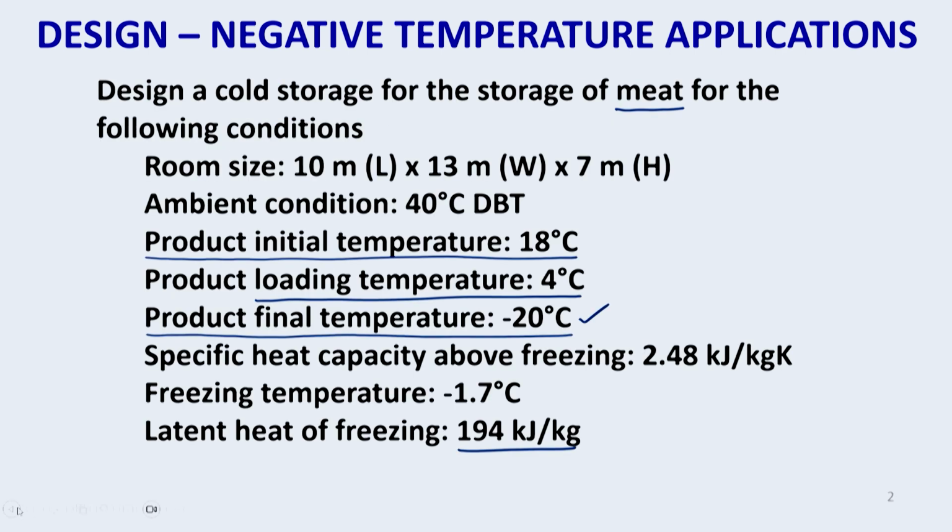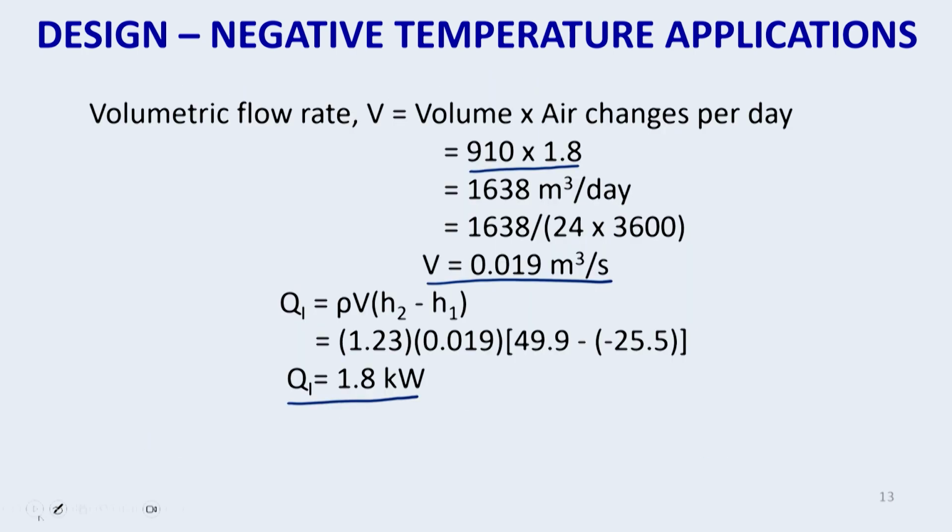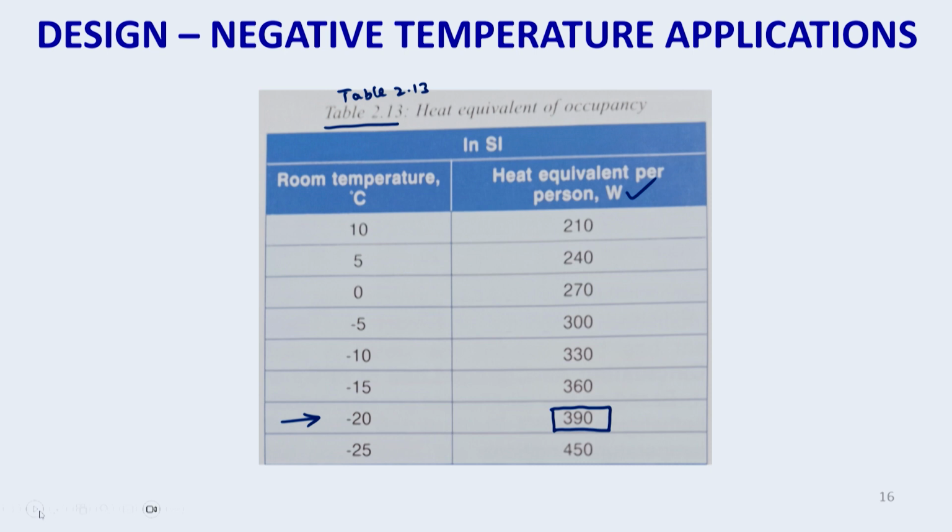If you look at the problem, we should not take the initial temperature or the loading temperature. We should take the final temperature only. This temperature should be taken when we are taking the value from table number 2.13. From the table it is 390 watts corresponding to minus 20.